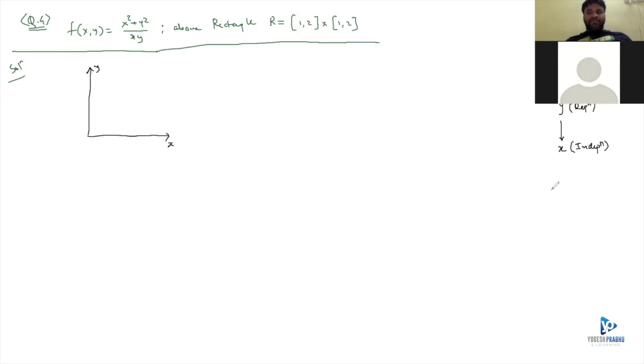Let me write that example also. When I say y is equal to x squared, and typically y is a function of x, I can write this as f of x is x squared. And if I plot it, I'm just going to get a parabola. And this is a 2D shape because you have x and you have y.